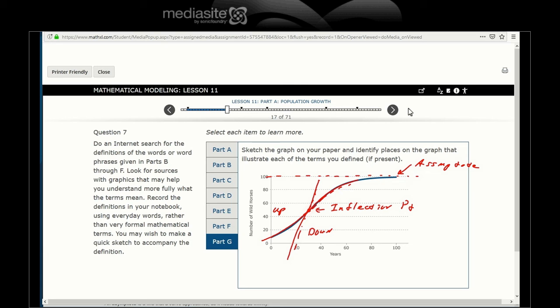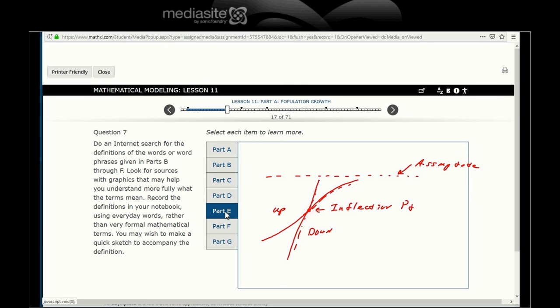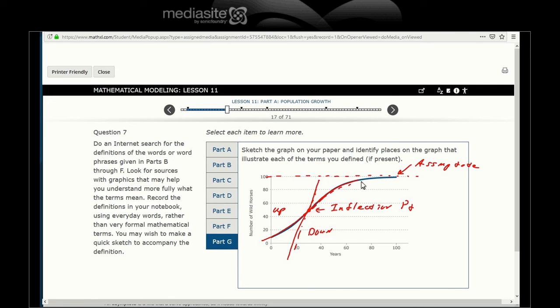And this entire thing, the blue line that I've now turned red, is your logistic curve.